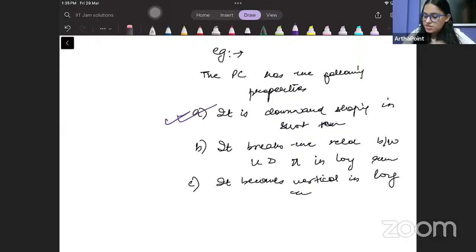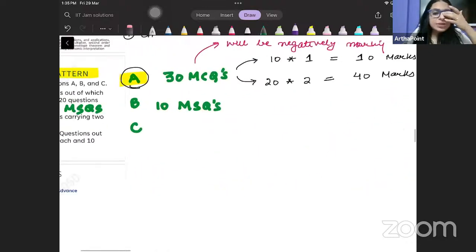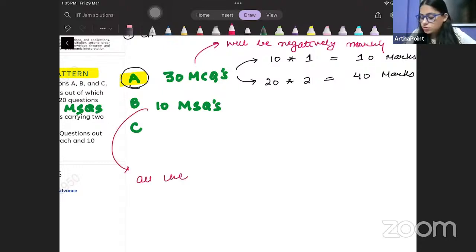And I know that the first is correct. Yes, it is downward sloping relation between unemployment rate and inflation in the short run. And this is also correct. Yes, in the long run, this relationship breaks. This is also correct that yes, it is vertical in the long run. So in multiple select question, there will be multiple options that will be correct. Now, in this case, you have to mark all the correct options.